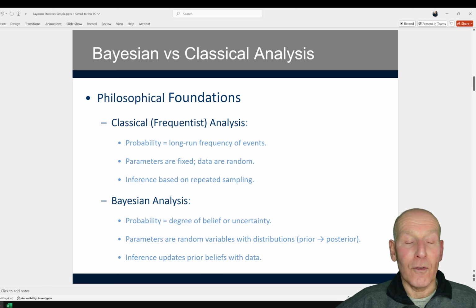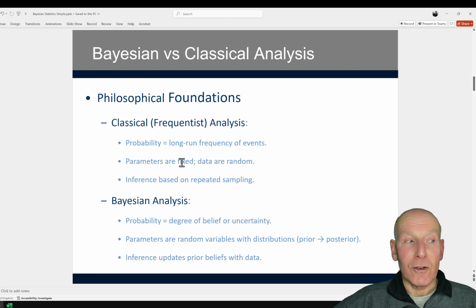So if we have a look at these slides, then in terms of philosophy, you have this classical frequentist analysis and also this Bayesian analysis. Now, if you've looked at my video on p-values, then you'll know that the classical or frequentist analysis is based on what we might call the long-run frequency of events. In other words, you're trying to estimate some particular statistic from a sample, which is estimating what is essentially a parameter of a population.